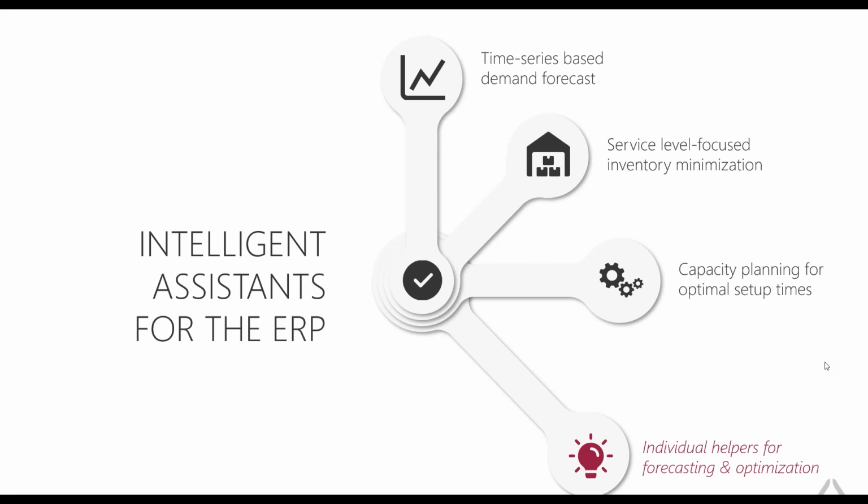And moreover, there are many individual requests for forecasting and optimization. As I showed you, this is a framework where we can incorporate many different algorithms from an ERP perspective. So if you have a very special planning scenario, for instance, you want to optimize the mixing of different chemicals, or if you want to optimize your logistic, your transportation, and so on.